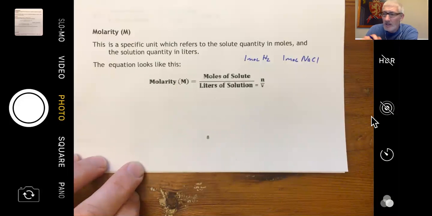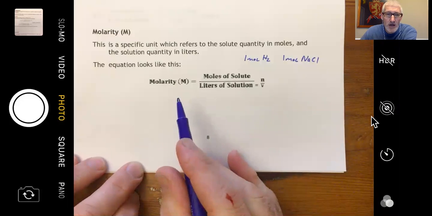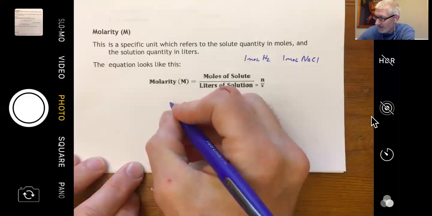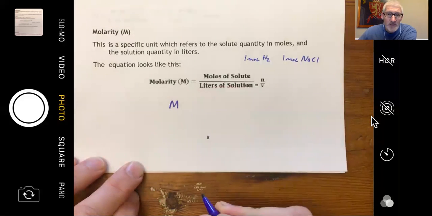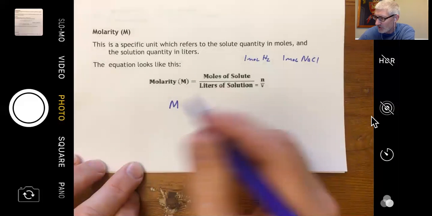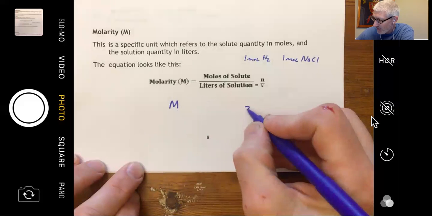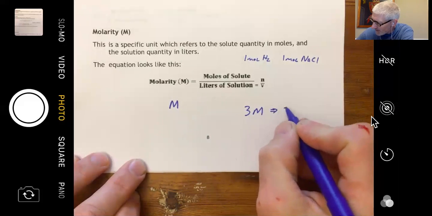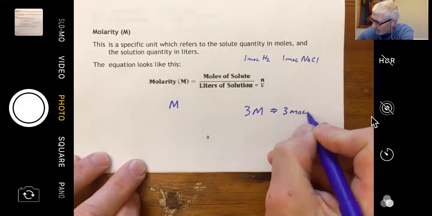All right. So off we go here. If I want to talk about the concentration of solute I have, this is the formula. Molarity is capital M. If I have a 3M solution, we would pronounce that 3 molar.